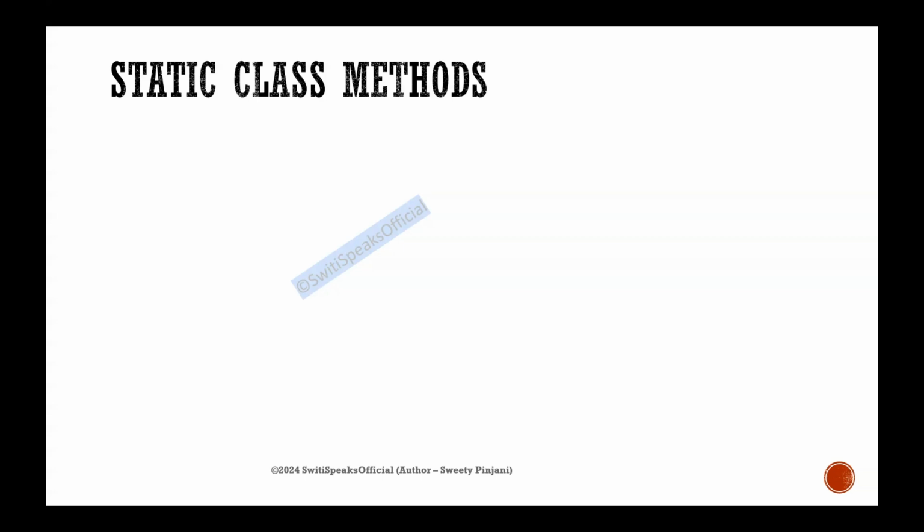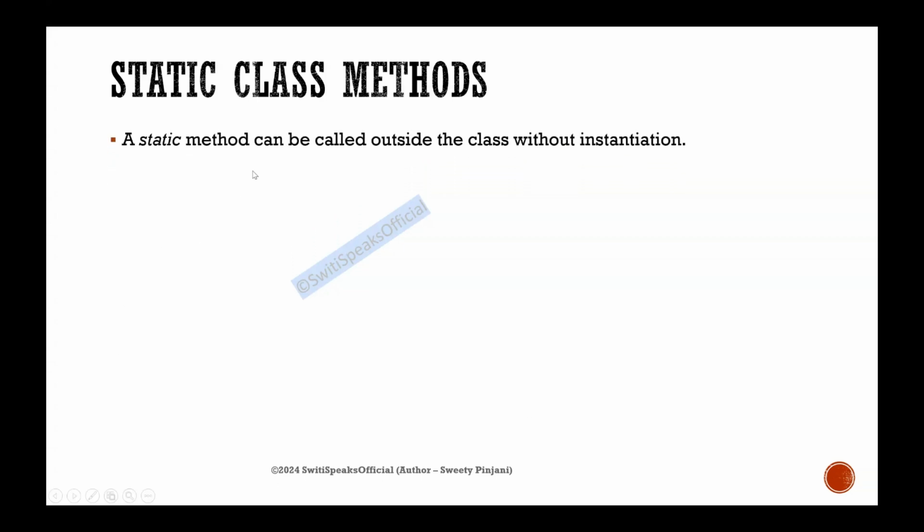Now, what are static class methods? In the previous lectures, we learned a lot about static variables. There can also be static class methods. A static class method is a method, which is actually a task or function, and it can be called outside the class without instantiation. You don't need to create an instance of the class. You can directly call it.